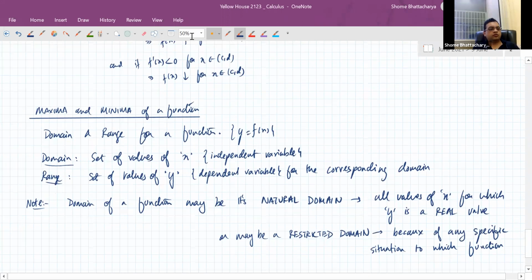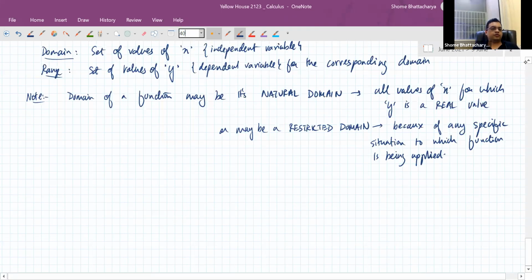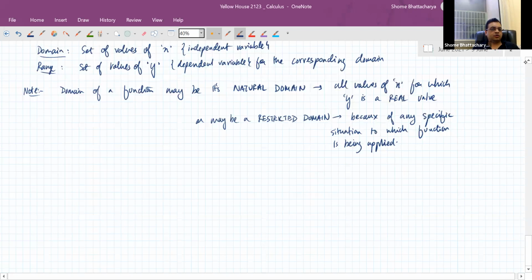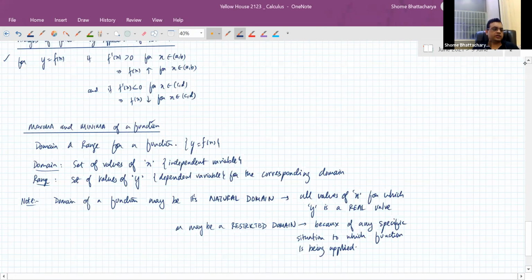So make a short note of this if required. And I'll just explain this concept of restricted domain versus natural domain with a couple of examples. It will be very easy to understand. It's just a simple term that we need to understand.